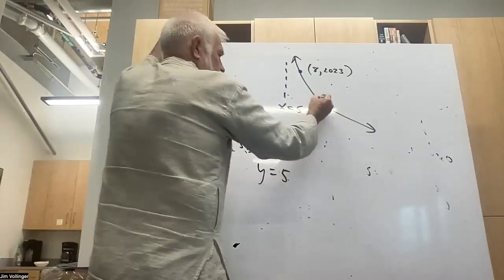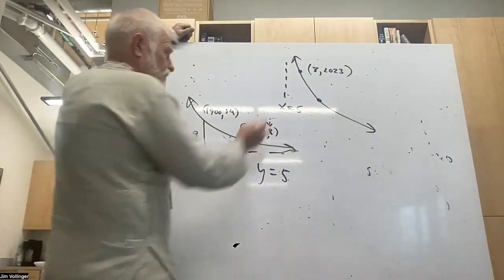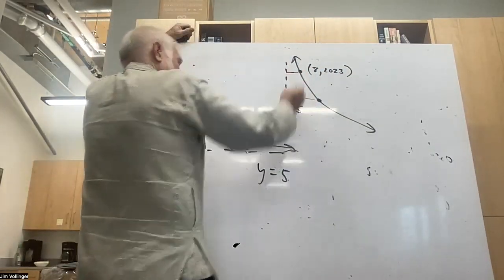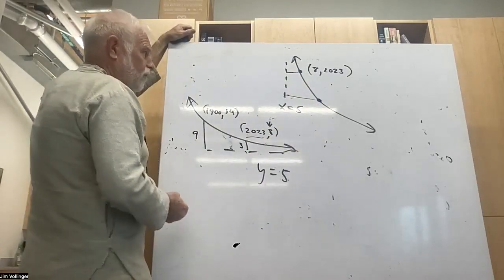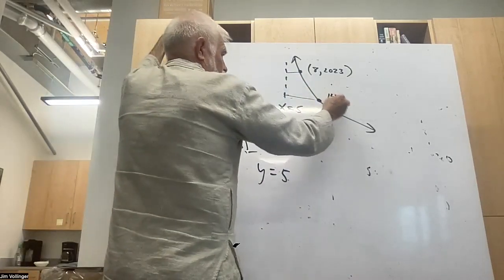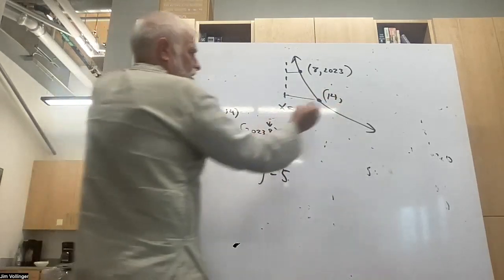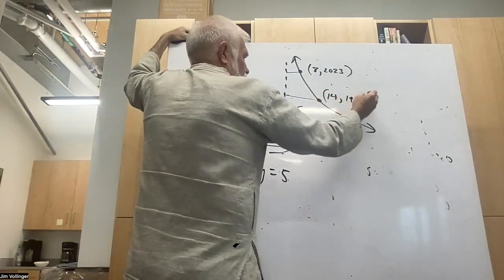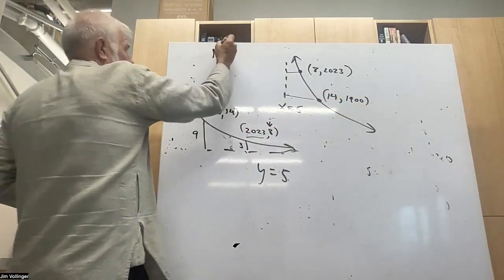And this one here is actually a 3-to-1 ratio horizontally. 14 is going to get you 1900.